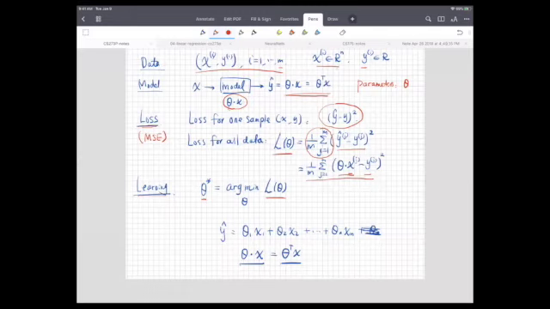Because theta is n-dimensional, with theta 1, theta 2, up to theta n, you have n variables. So in general, this is going to be a multivariable optimization problem. The question is, how do we solve this problem? In general, this type of problem is not easy to solve. It's hard. That's what the learning algorithm is trying to do, to solve this problem.